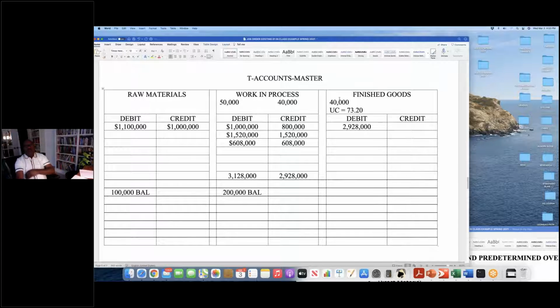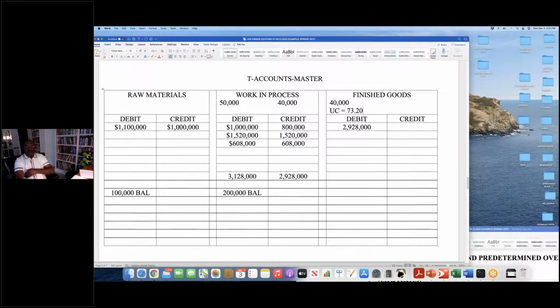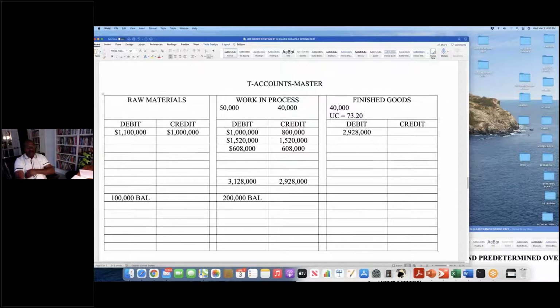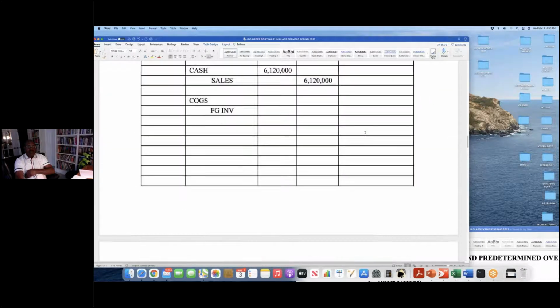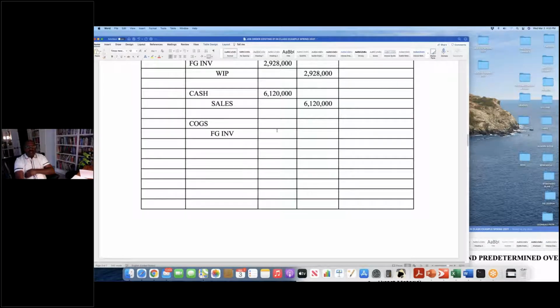What are we going to do with the 73.2? Multiply that by the 30,000 to get your cost of goods sold. Correct. So we're multiplying by the 30,000.